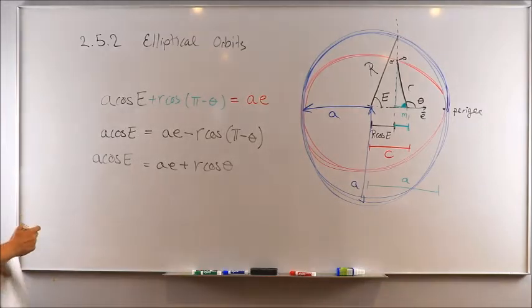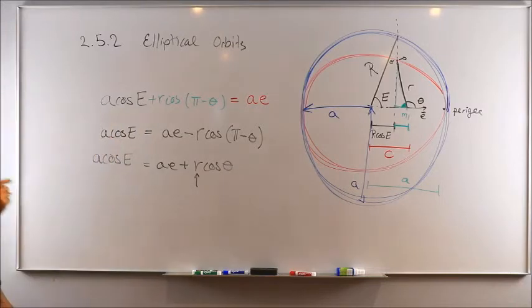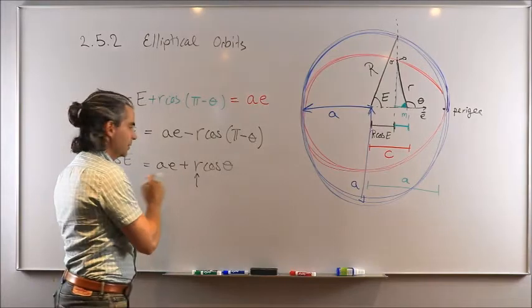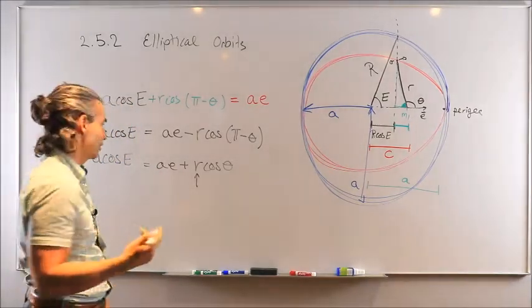Okay, nice. What do we know about R? Can we express R in terms of true anomaly and semi-major axis? The answer is yes, and that is done through the orbit equation.